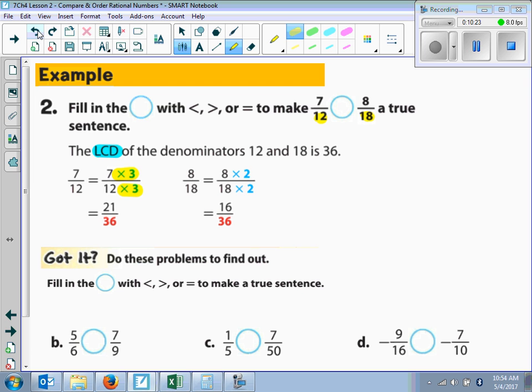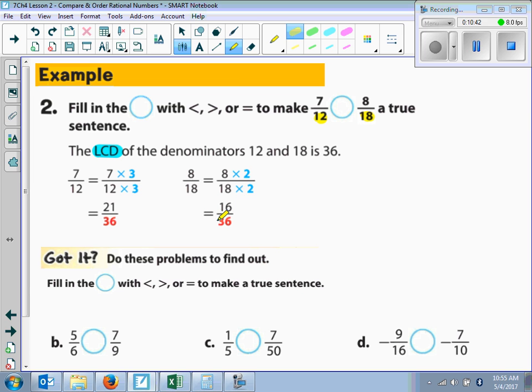That's going to give me 21/36. For 8/18, we're going to multiply times 2 in the numerator and the denominator. We get 16/36. And now, these are the two numbers that we're going to compare.